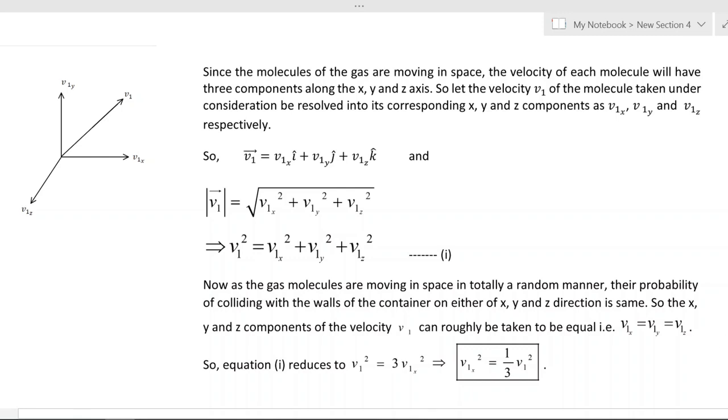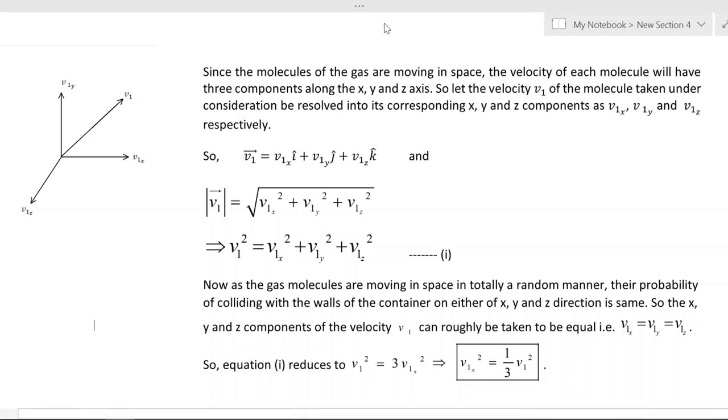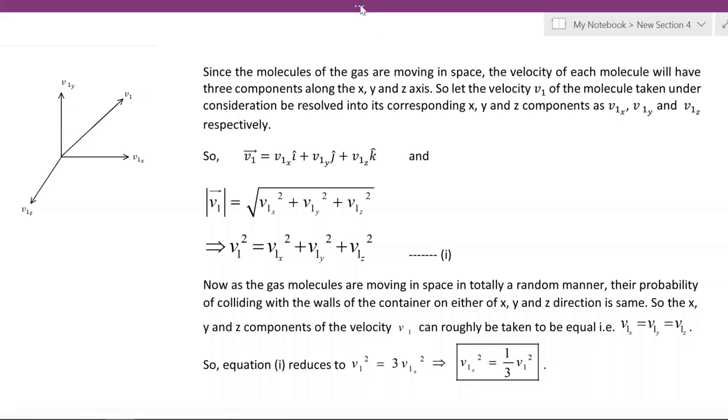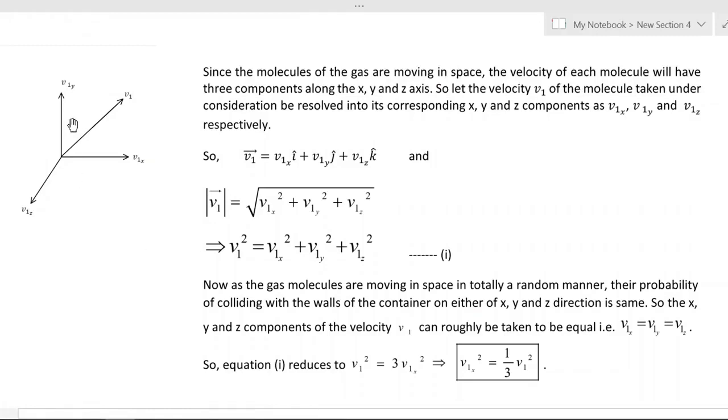Just imagine the case. The molecules are moving in such a random manner that the possibility of undergoing a collision with any of the walls of the container in the x, y and z directions is the same. On the basis of the probability of collision, we can consider the x, y and z components of the particular velocity to be roughly equal.